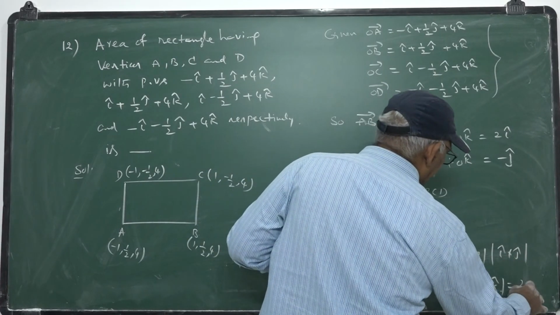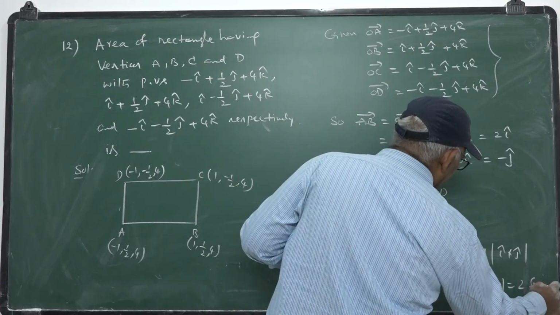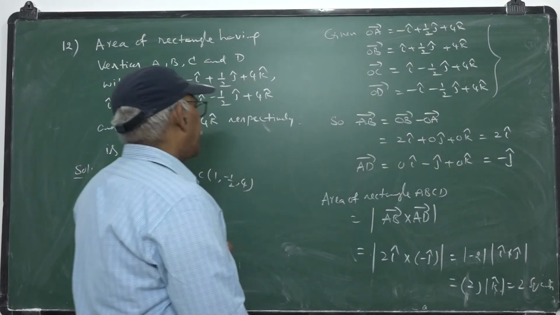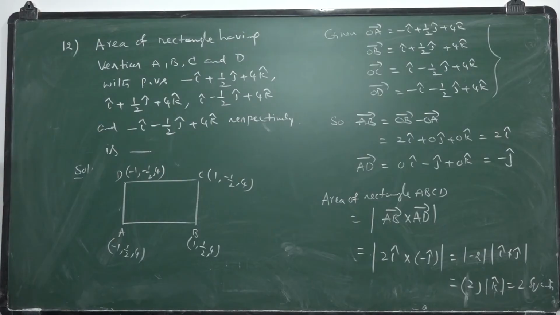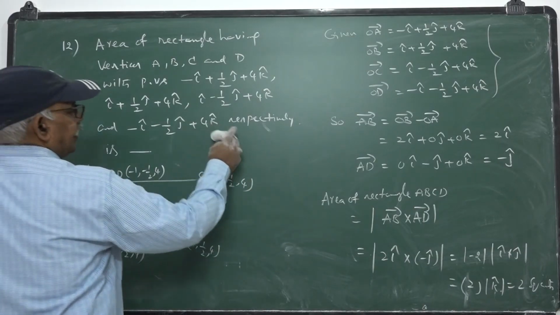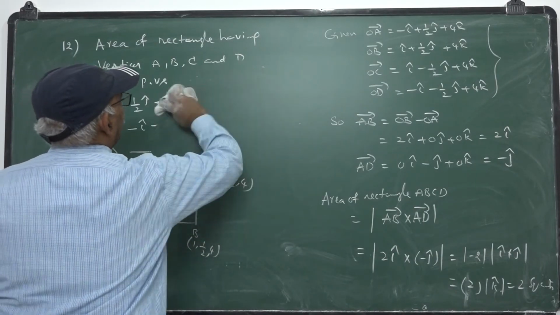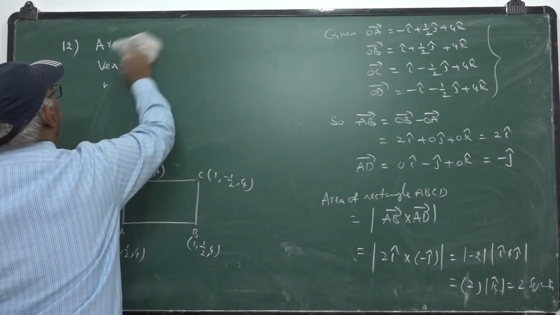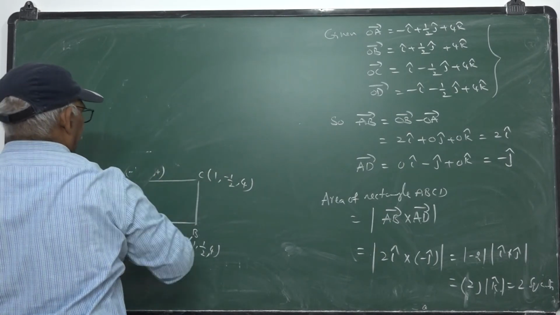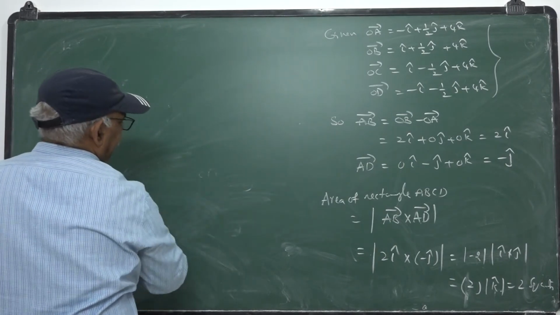Modulus of k is 1. So 2 square units is the area of the rectangle whose vertices are given. You can apply the same formula as in the case of a parallelogram to find the area of the rectangle.